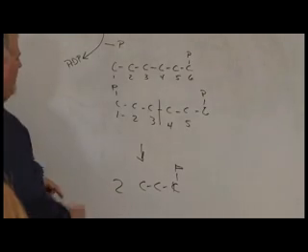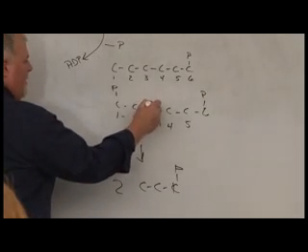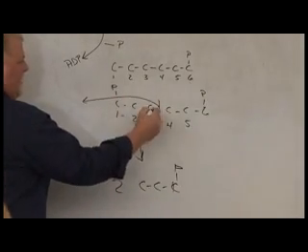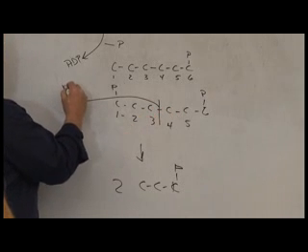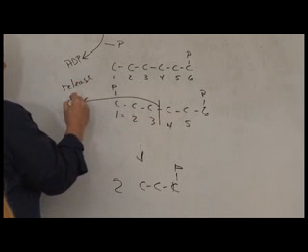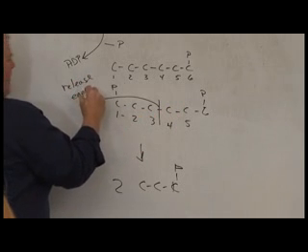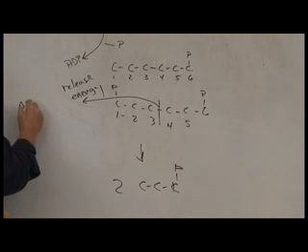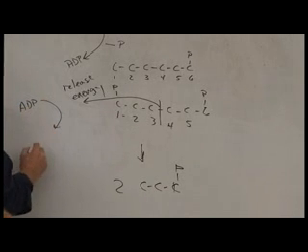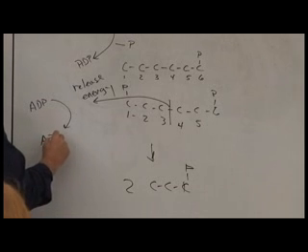And then once I begin to break this bond, which is a carbon-carbon bond, then I can release energy. So I'm going to release the energy from that carbon-carbon bond.